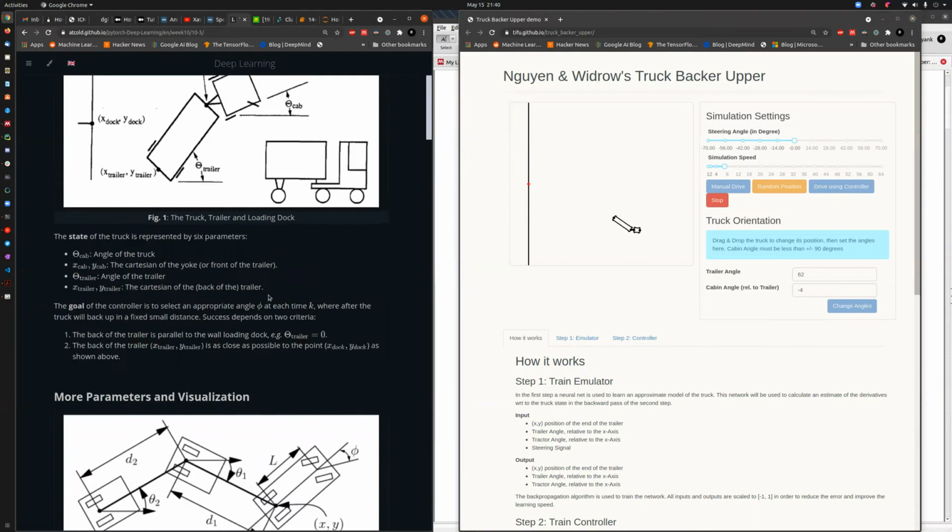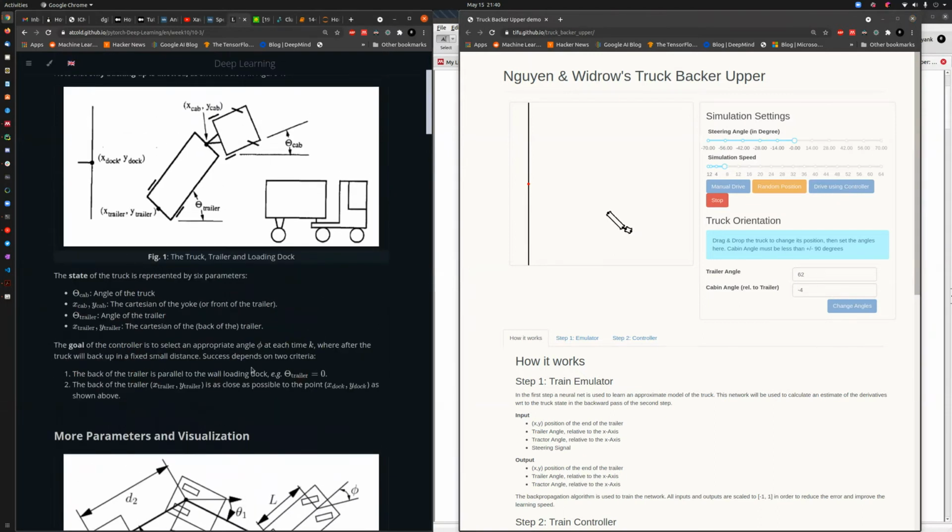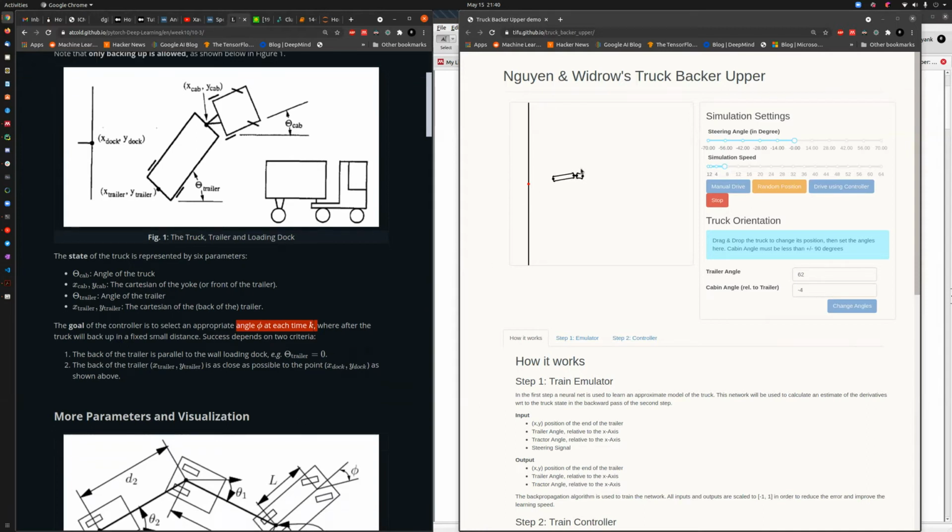So the goal of the controller here is to select an appropriate angle, that's phi, at each time k. Here, this time is being represented from 0 to k. After that the truck will back up a fixed small distance, so we can increase the sim speed and the steering angles.